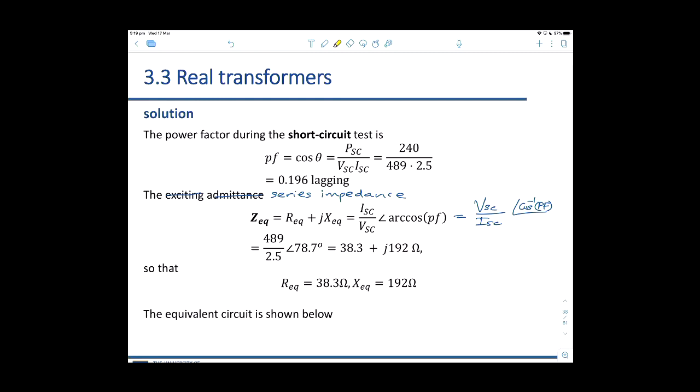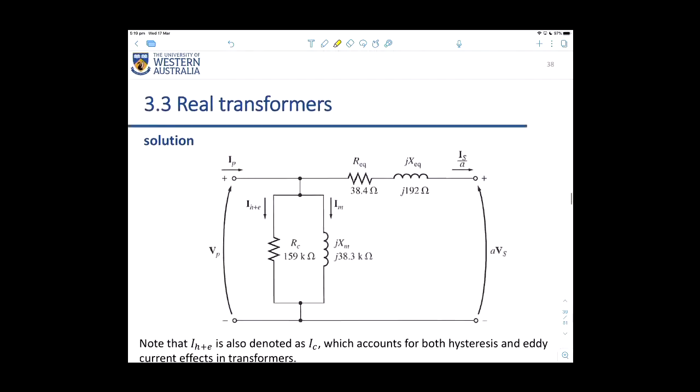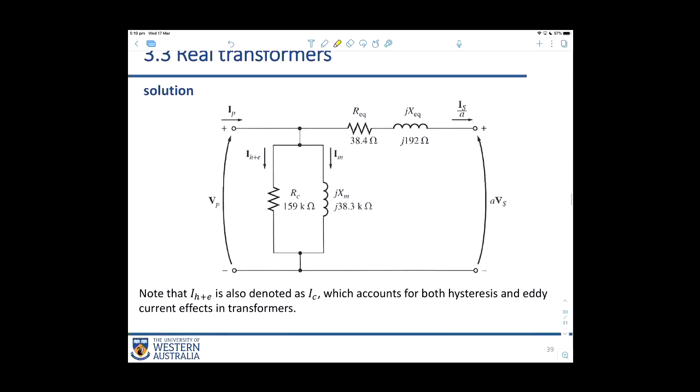That's it. It's simple as that. So here are the values. That is the transformer equivalent circuit referred to the primary side, because the measurements are taken on the primary side.